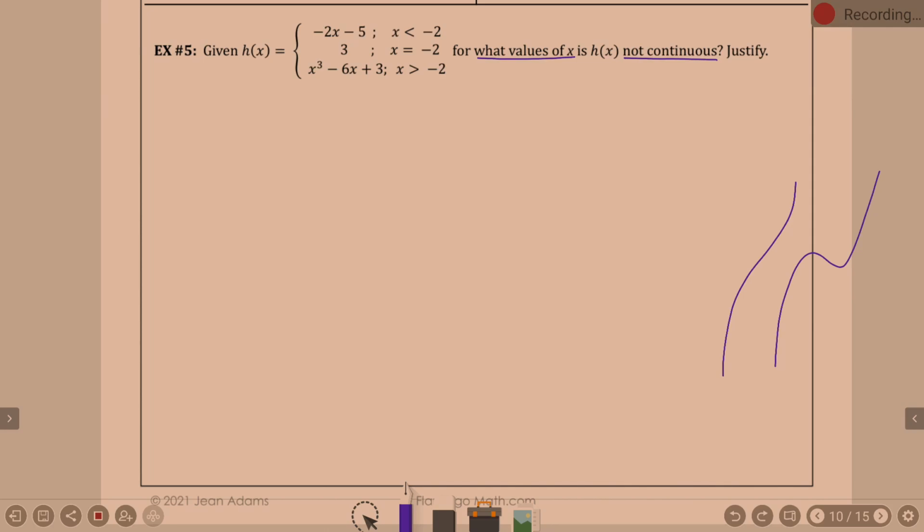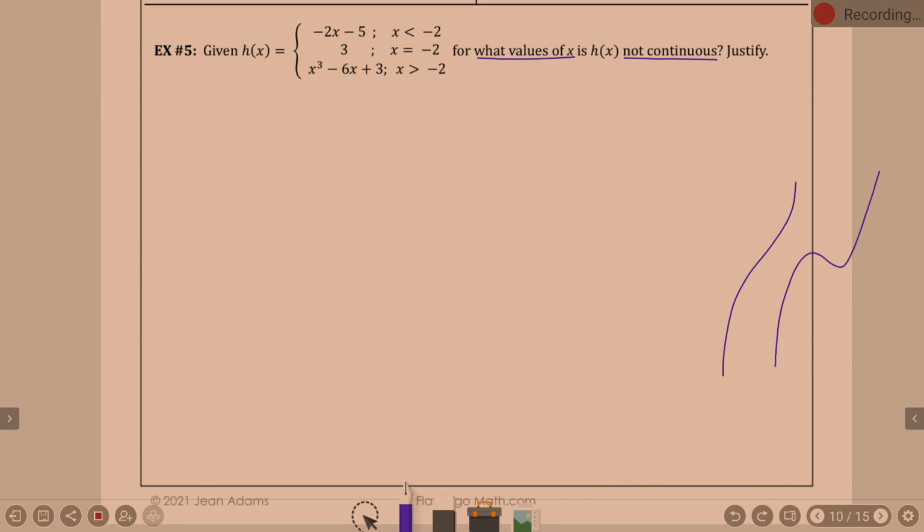Now, where is this not going to be continuous? If there's a point where it's not continuous, where's going to be the key catch? The negative 2, yes? Because that's where they all connect here. So what do we have to know?